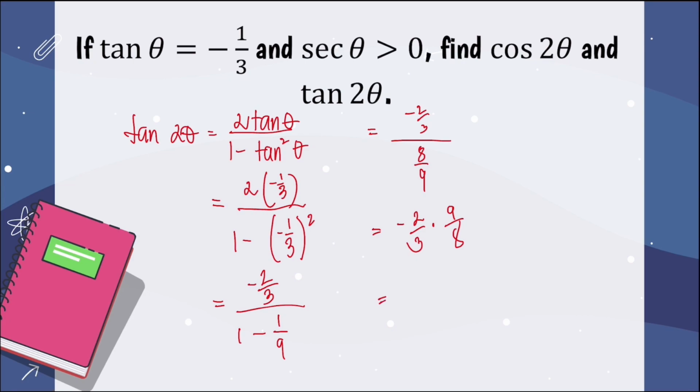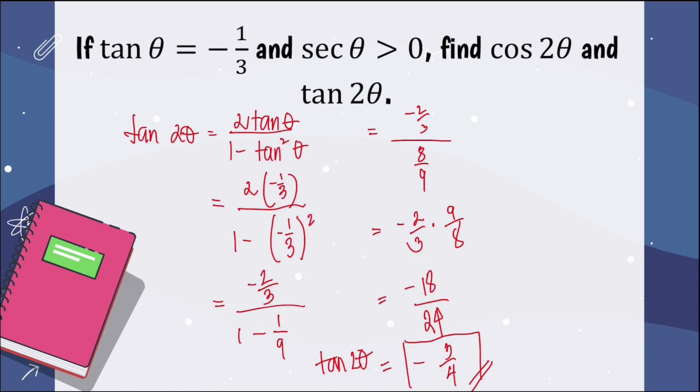So we have negative 18 over 24. If we simplify this, just divide both of the numbers by 6, this will be equal to negative 3/4. And then that's it. This is now the value of tangent 2 theta.